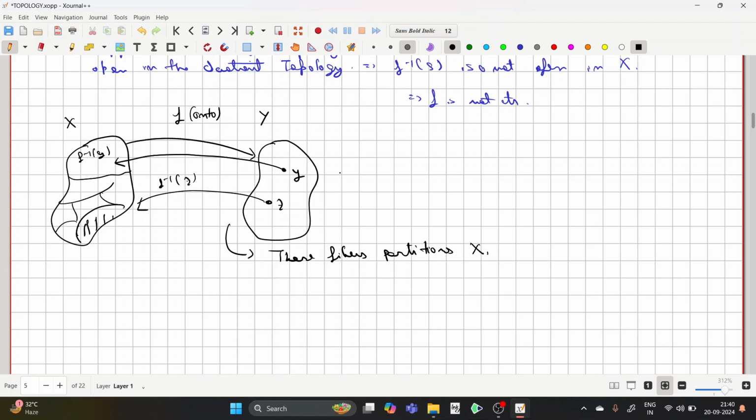The point relies on the fact that these fibers are disjoint, and the reason is very simple. If I have 2 points in the same partition, then both of these points will get mapped to y, right. Are you getting my point? See, this f inverse of y, what does this basically represent? This represents f inverse of y, right. Clear?